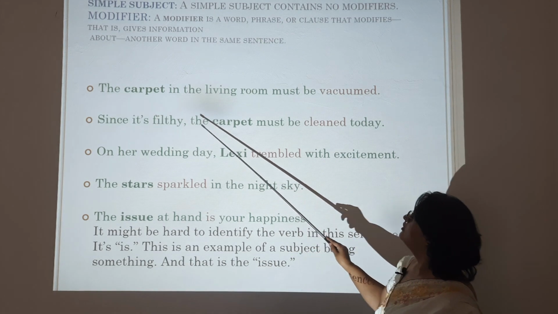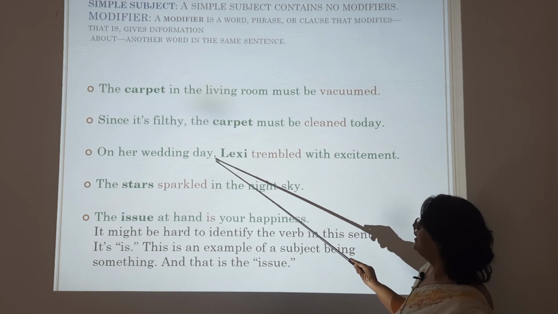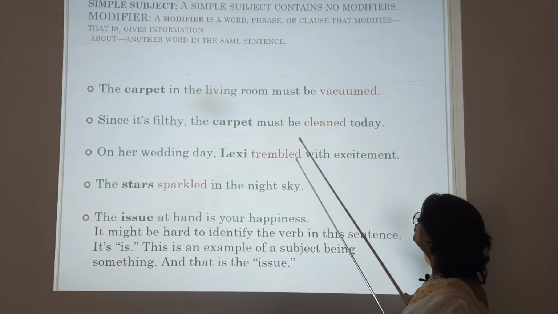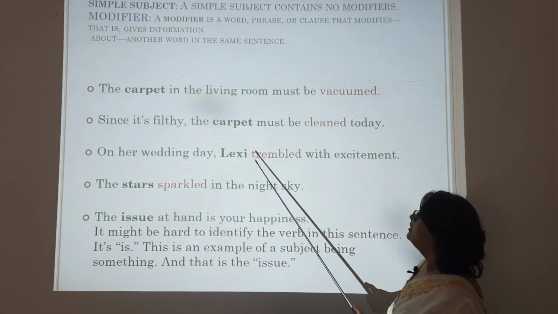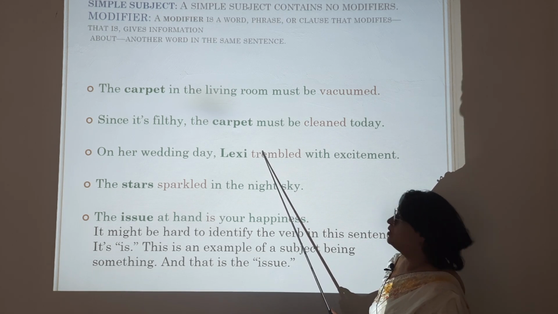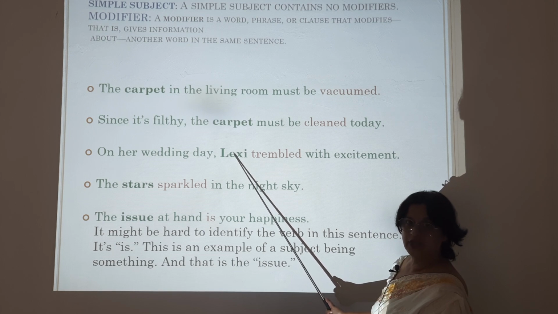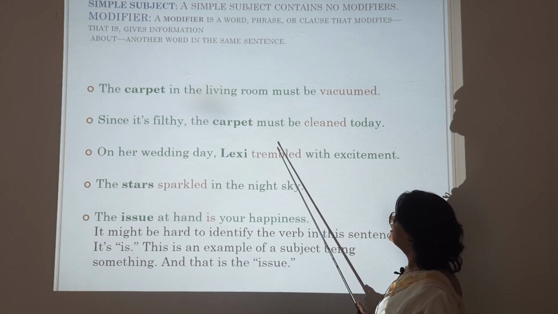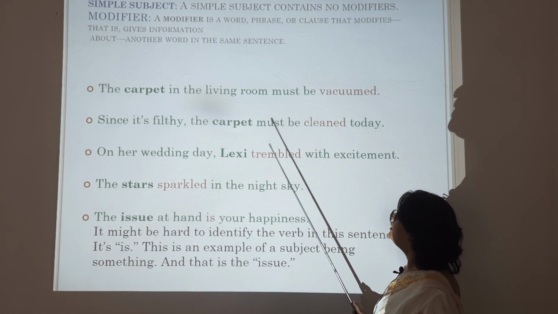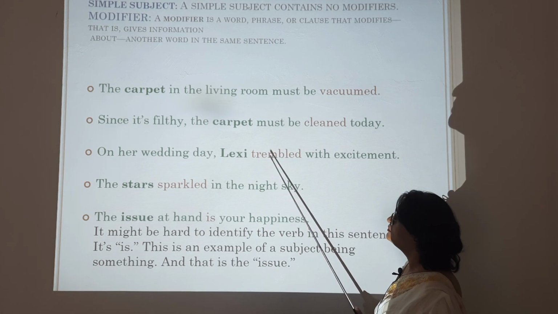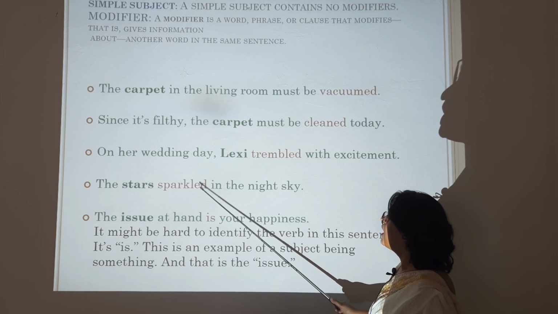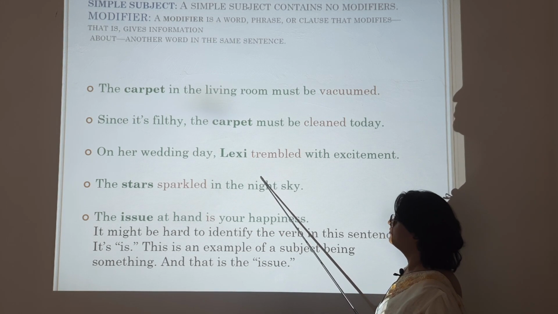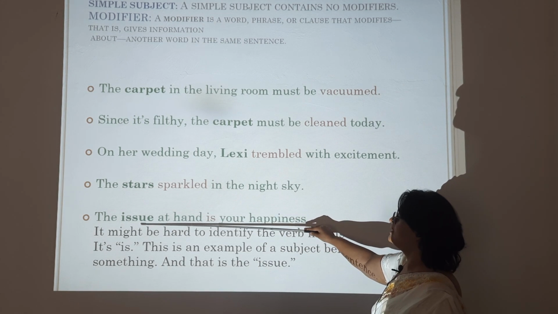Okay. So then, on her wedding day, Lexi trembled with excitement. Trembled is the verb, Lexi is the subject. So you see, this itself forms a sentence with sense. Lexi trembled. The stars sparkled in the night sky. Okay, look at this particular sentence, children.